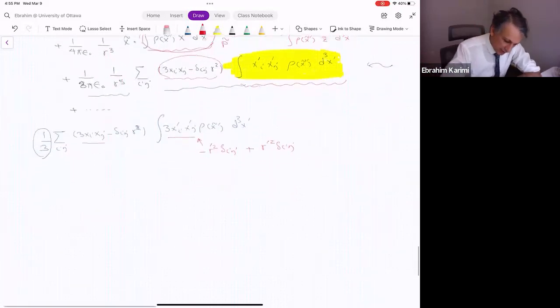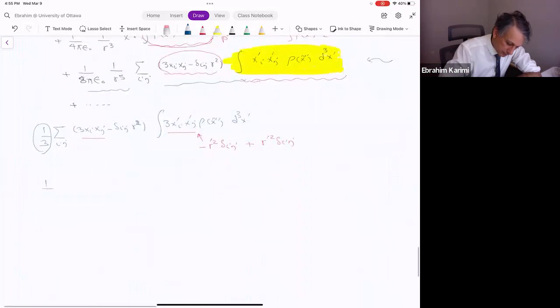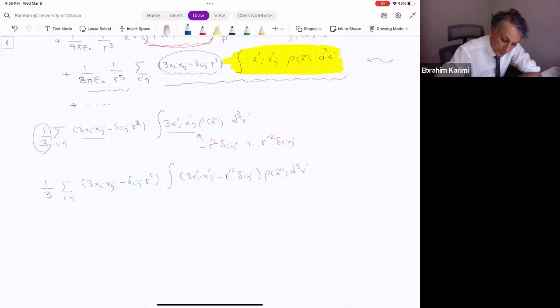Okay, so then that will be 1 divided by 3, summation over ij, of 3x_i x_j minus delta_ij r^2, integral of 3x prime i x prime j minus r prime squared delta_ij, rho of x prime, d3x prime.